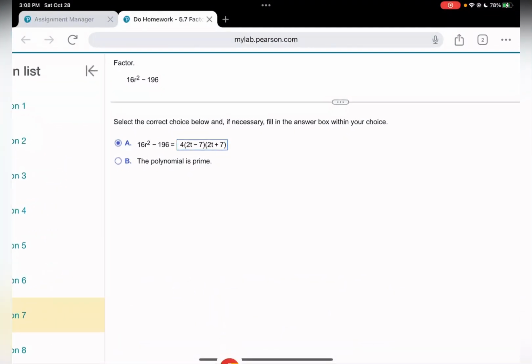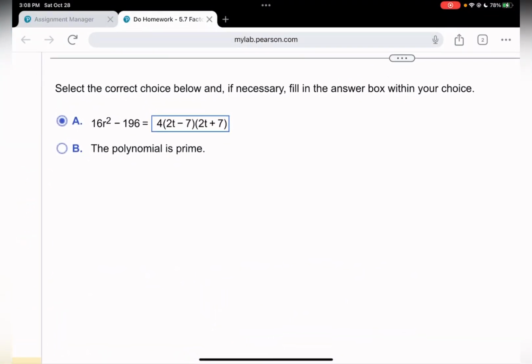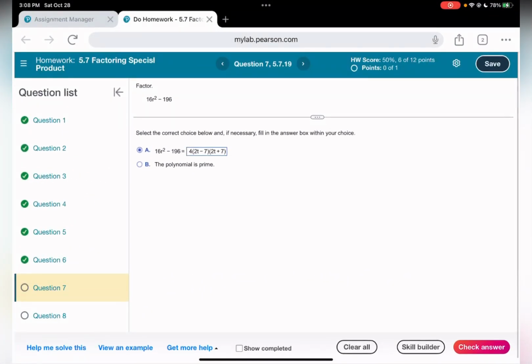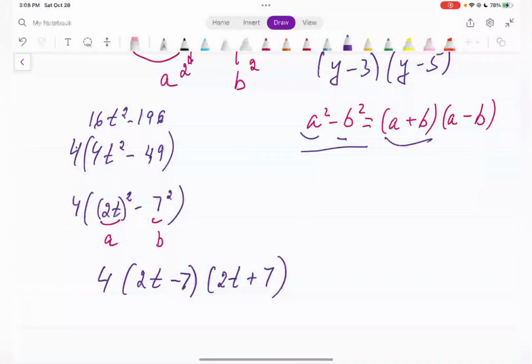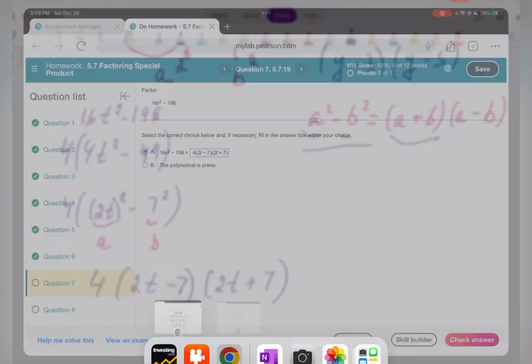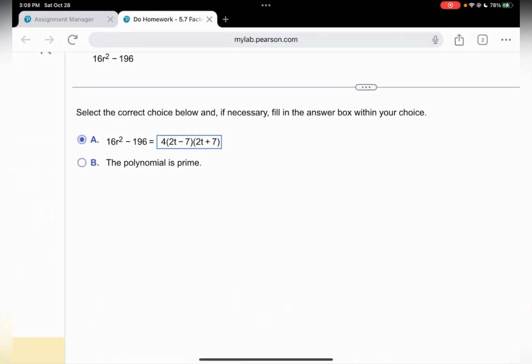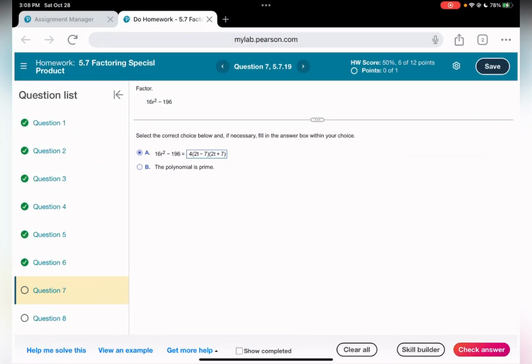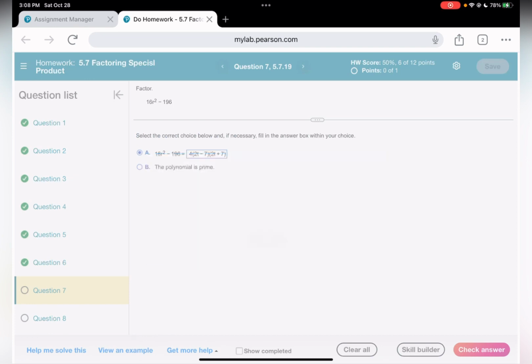Let's see. So why is it wrong? Let's go back and check. 16, 49, 2t minus 7, 2t plus 7. All is good. I want to check. I want to see the answer. Let me see.